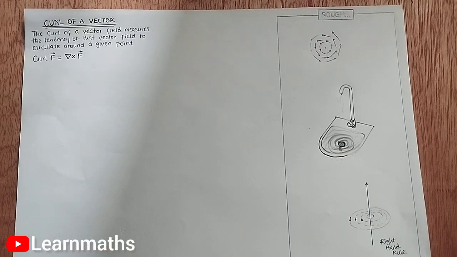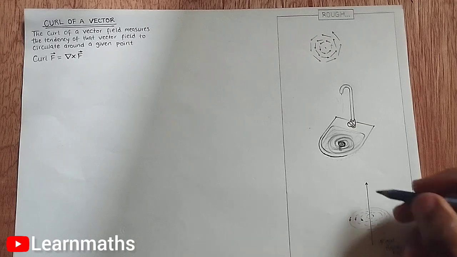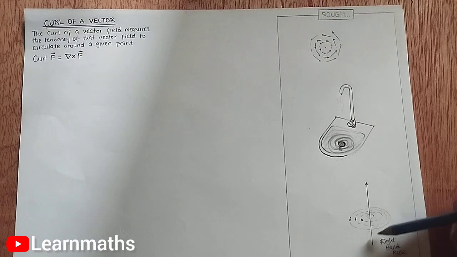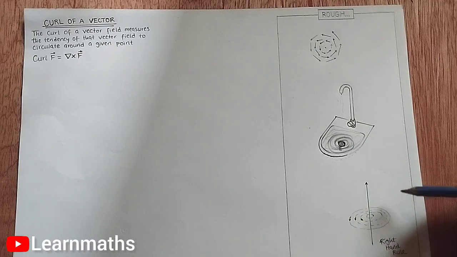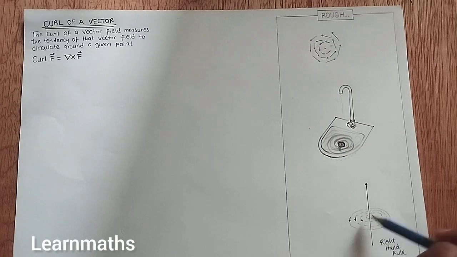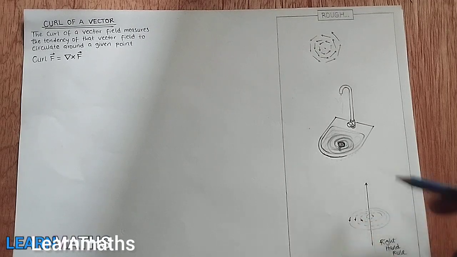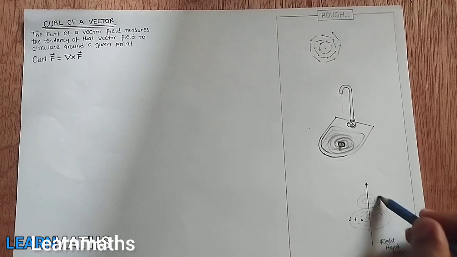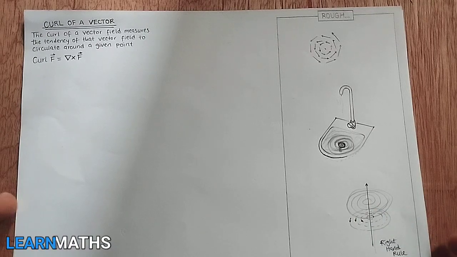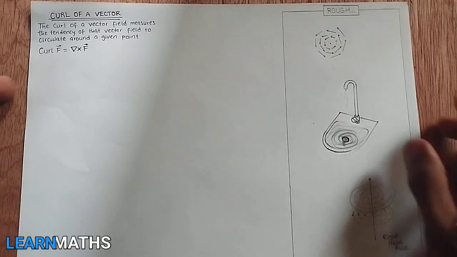You can also visualize this curl in the electric field aspect, whereby we have current flowing in this direction, and this vector field tends to make this circular magnetic path around it. This vector current tends to create this swirling, curling, circulating magnetic field around it, right?